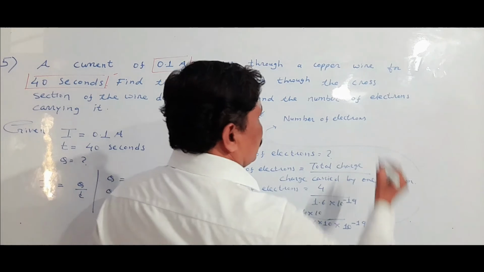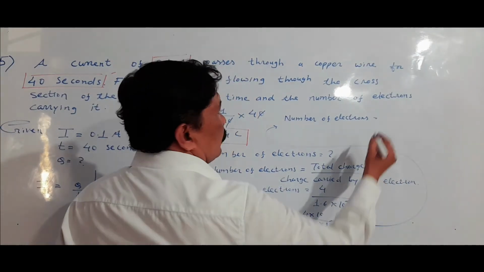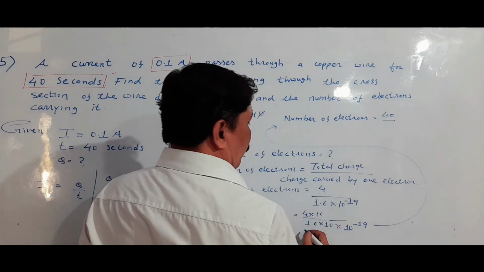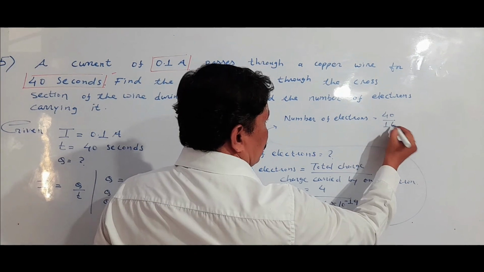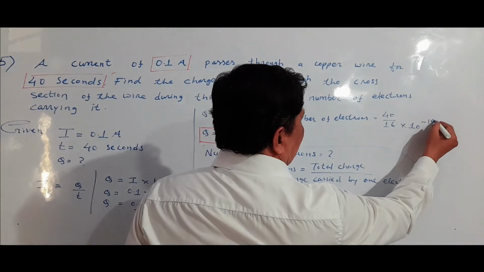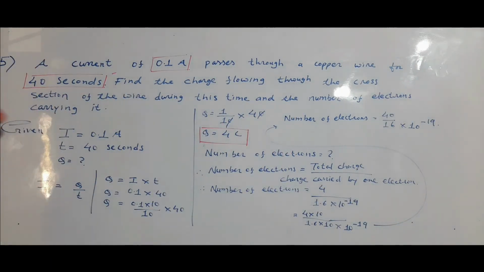Number of electrons is equal to 10 into 4, 40 upon, point is removed, 16 into 10 to the power minus 19.